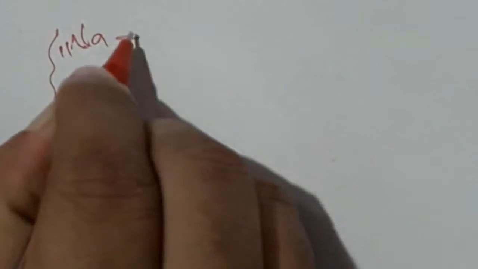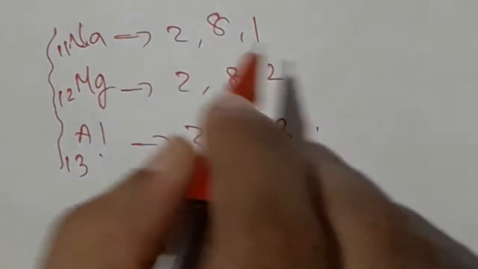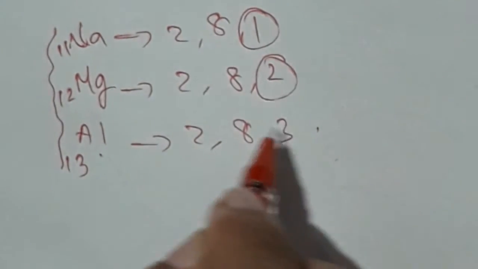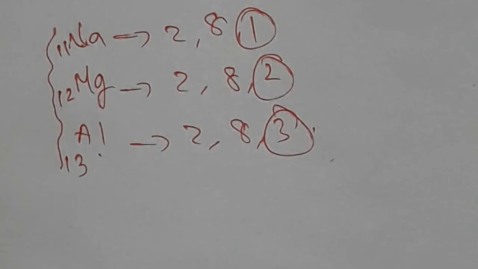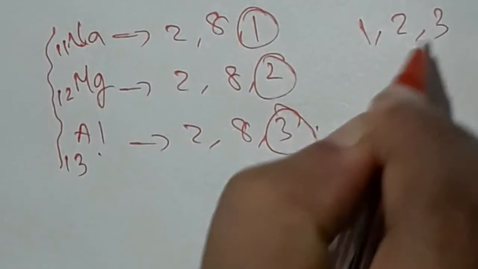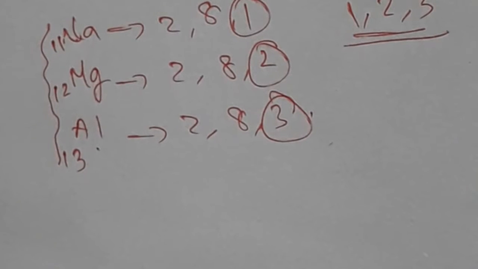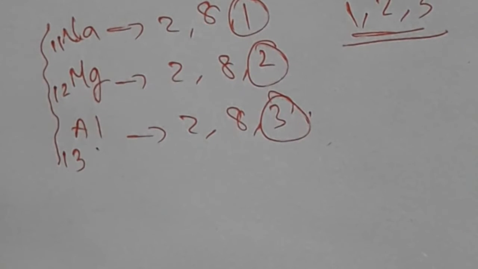Sodium atomic number 11, magnesium 12, aluminium 13. So the electronic structure is 2,8,1 for sodium, 2,8,2 for magnesium, 2,8,3 for aluminium. This is the last shell, the outer shell. Generally metals have 1, 2 or 3 electrons in the outer shell.